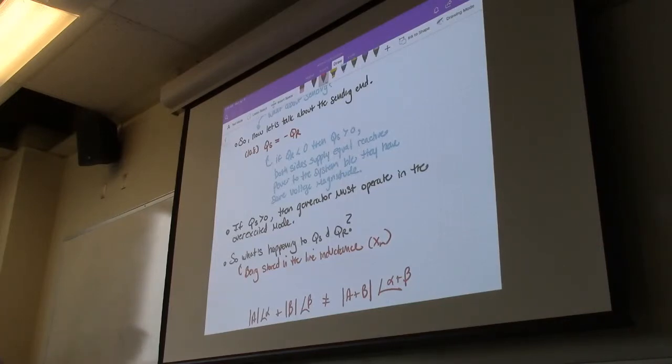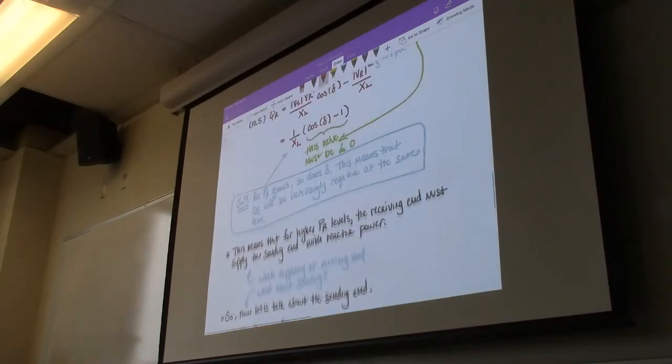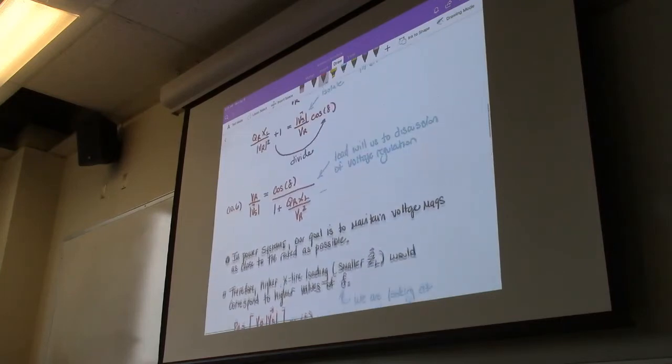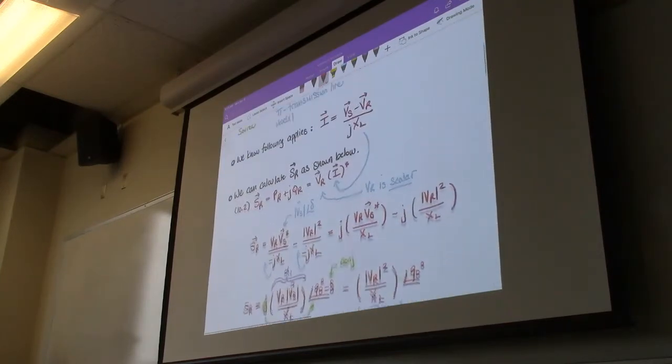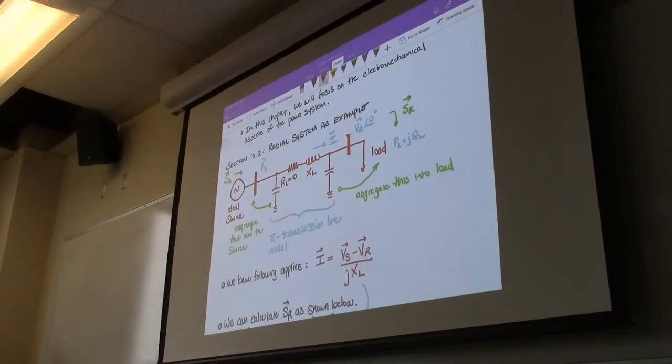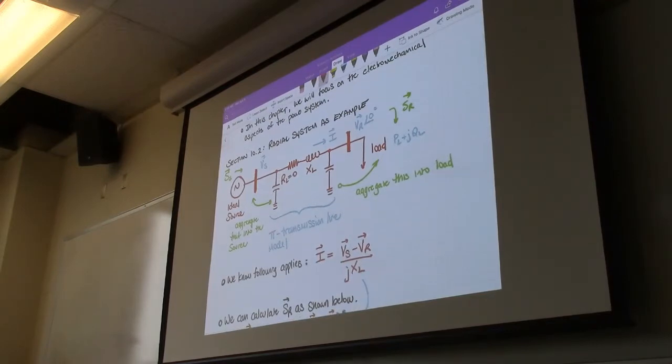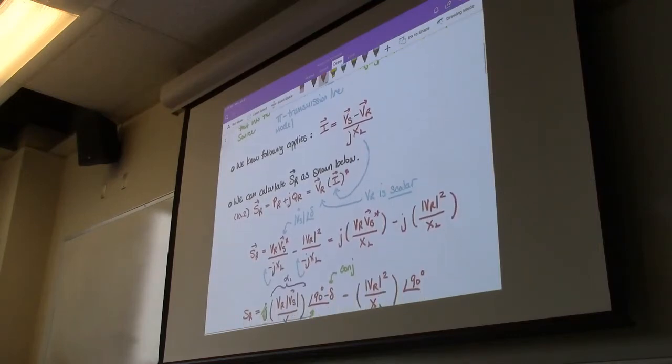So we were here, and we're sort of at one of those points, which was similar to where we were in the beginning of chapter 9, where we're going through a whole bunch of mathematics, and we're making some assumptions, and we're laying down a lot of the theory and the derivation for what's going to be the payoff at the end in terms of being able to analyze different aspects of this very simple system, which is a motor, a synchronous machine with a short transmission line connected to an infinite bus.